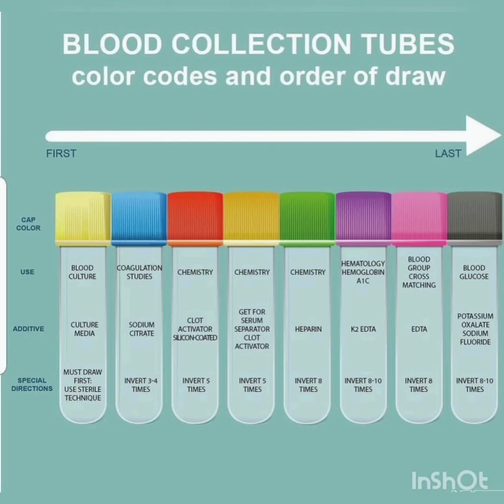For the purple top we use EDTA, dark green top heparin, light blue top sodium citrate, gray top sodium fluoride, SST has a gel separator, and in the red top plain we don't have any kind of additive. So these are the different kinds of vacutainers we use in our lab for different purposes.